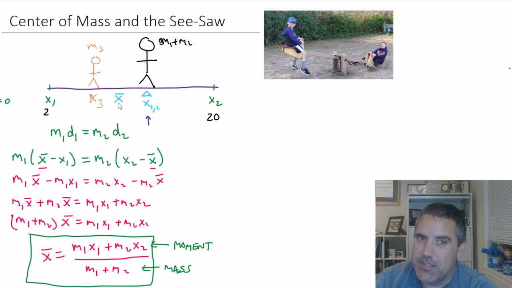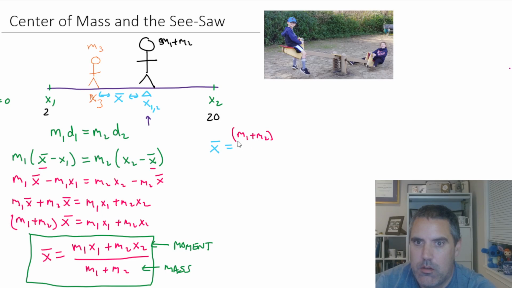You can do all the same things: the distance from there to there, the distance from there to there, and solve for x bar. x bar is going to be the mass of the first thing, which is m1 plus m2, times this x12 bar, which is the thing we just figured out.